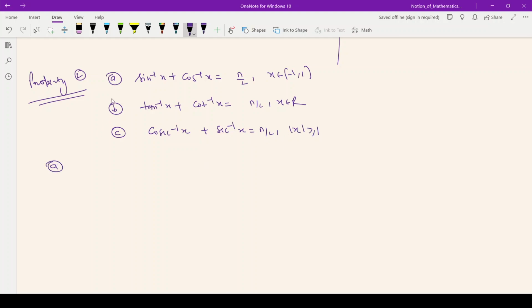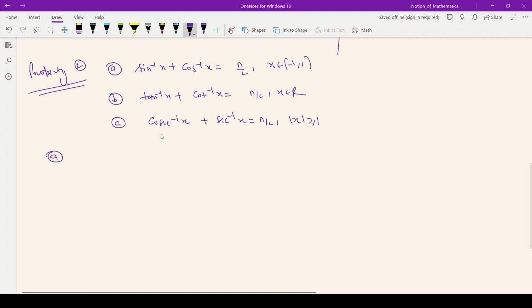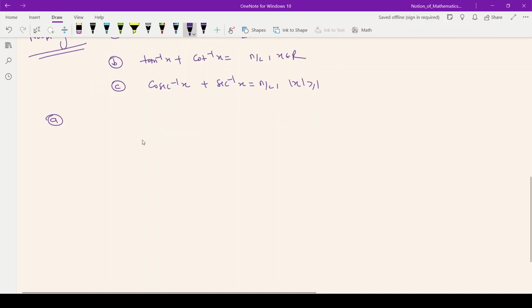So I'm going to talk about the first property initially, that is related to sine inverse and cos inverse. So let us consider sine inverse x is y, or x is sine of y.